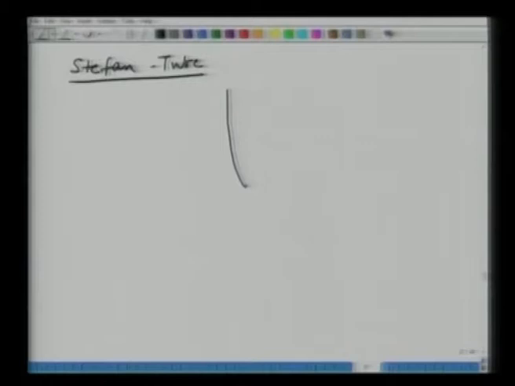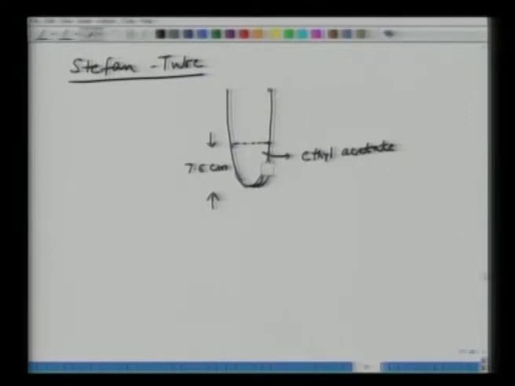So what we have is a very simple U tube. Okay, it's filled with acetone. So the problem reads that this is filled till 7.5 centimeter. So we have ethyl acetate filled in this tube, okay.